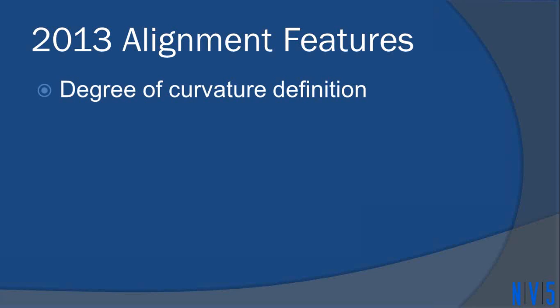I'm going to go through several bullet items first, and then I'll jump into Civil 3D and actually demonstrate and show you where these are located. First one I want to talk about briefly is you can now specify what value to use for degree of curvature inside of Civil 3D.